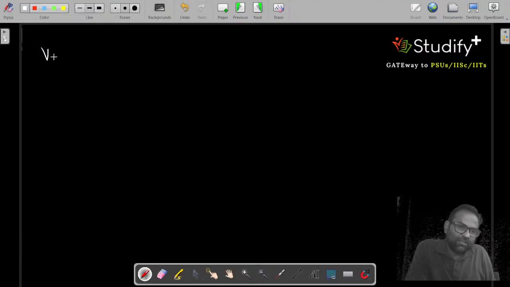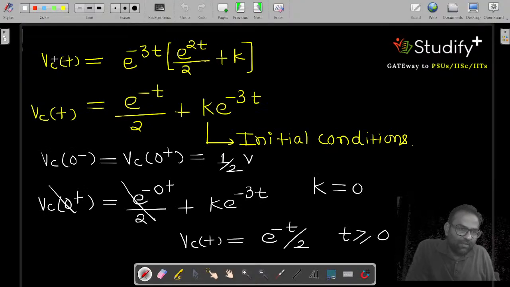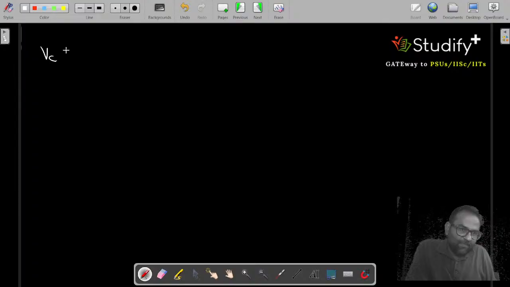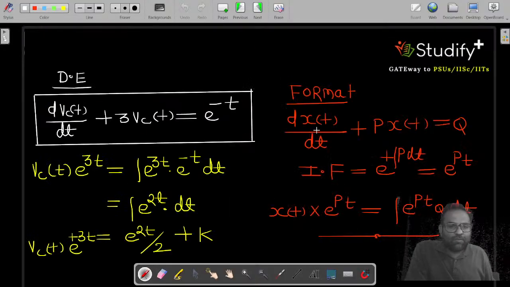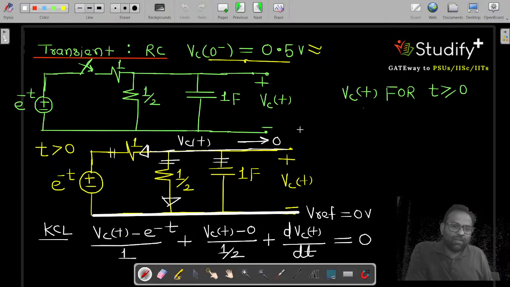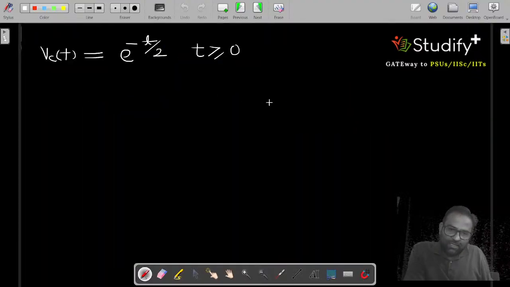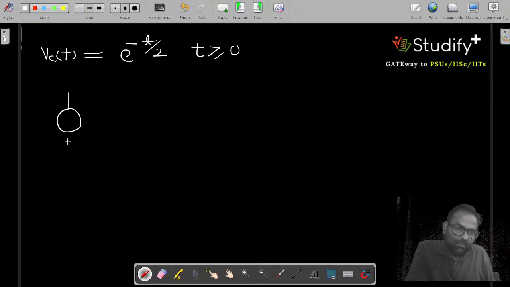The current VCT is e to the power minus of t by 2 for t greater than or equal to 0. And what kind of circuit are we having? We are having this kind of circuit: one source, its value is e to the power minus of t.